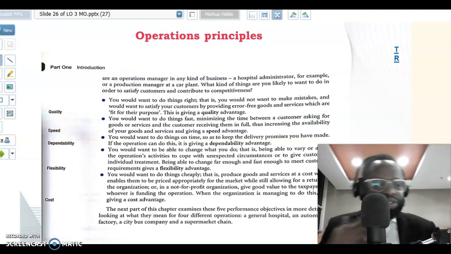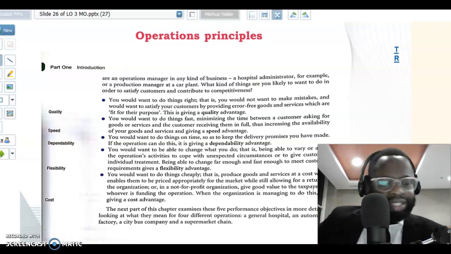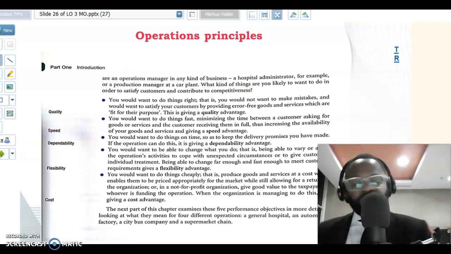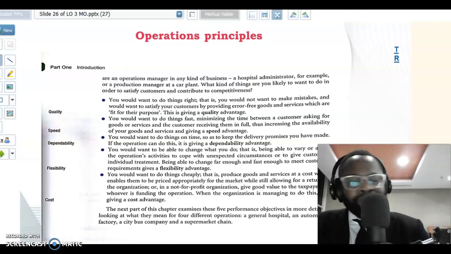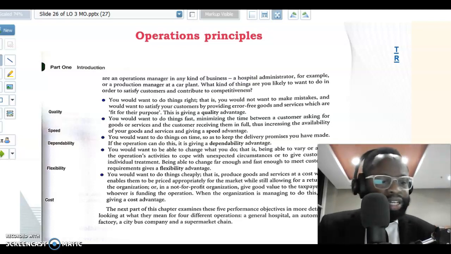Okay, I understand. Yes, so dependability has to do with consistency. Yes, I agree with that. Oh, okay, no, you're talking about quality, sorry. And they all get faulty. Yes, so good. You have to manage your operations, has to manage quality. Very good. I agree with you.